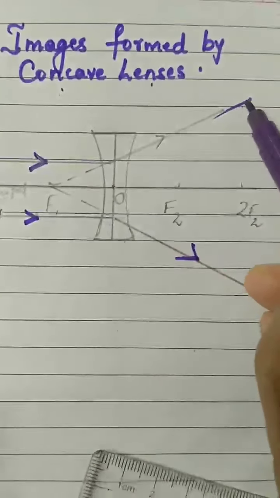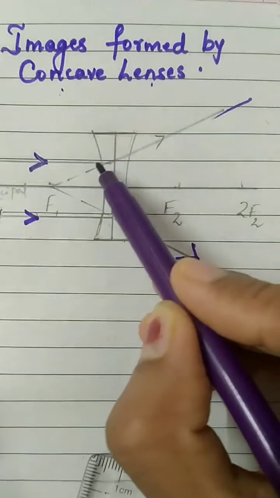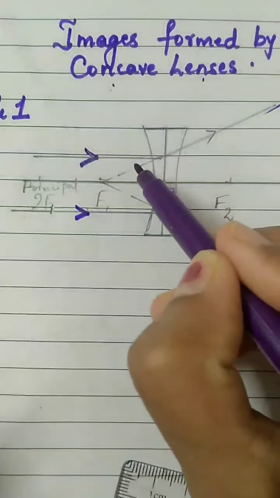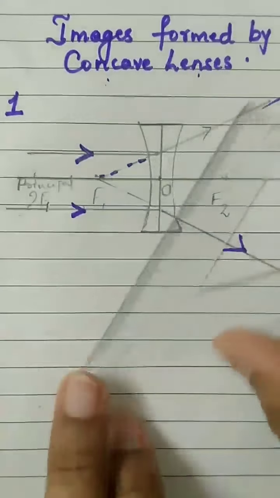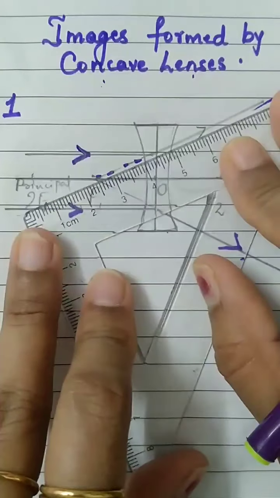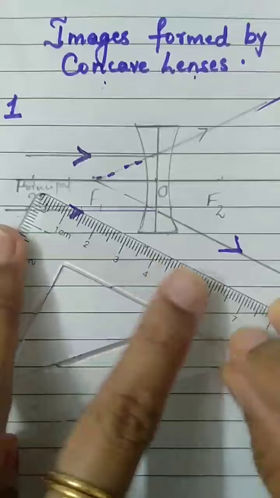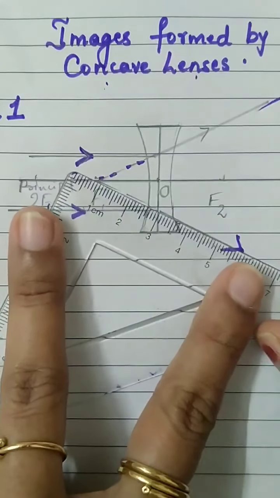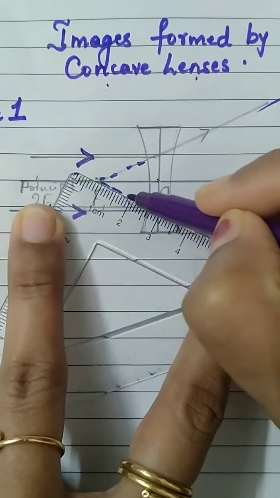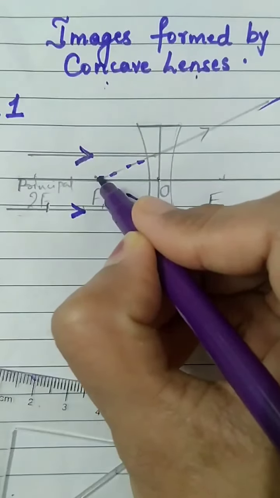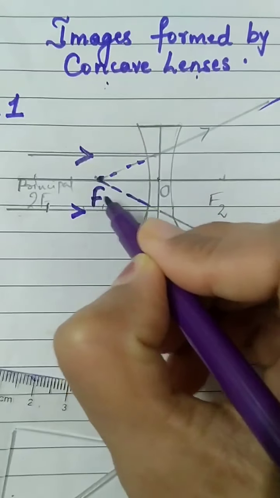Now we will trace the path of the refracted ray behind. So this refracted ray, these dotted lines that you see, that I have traced it behind, keeping scale, you will trace the rays behind. Same way, this ray also you will trace it behind. You will see that the refracted rays, when traced backward, they meet at a point called as focus.